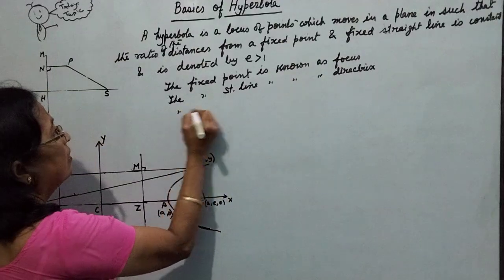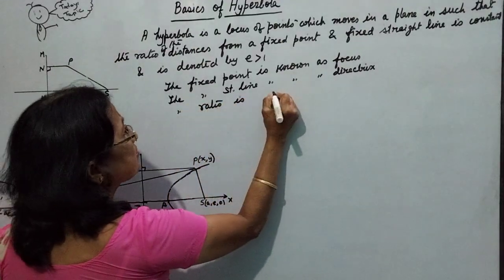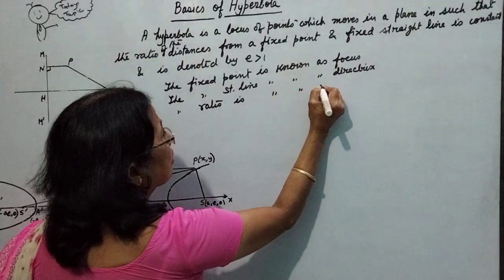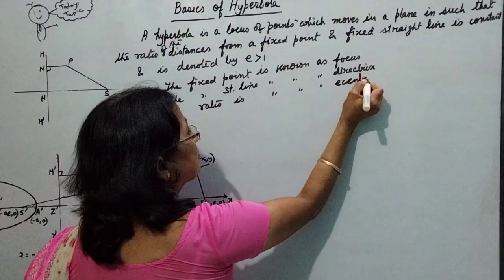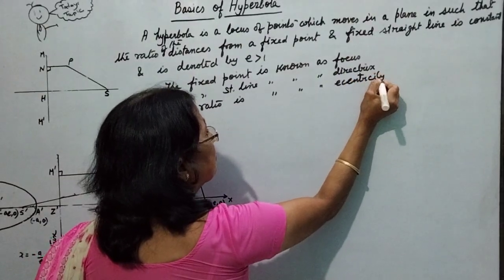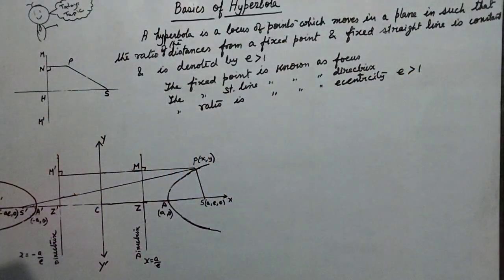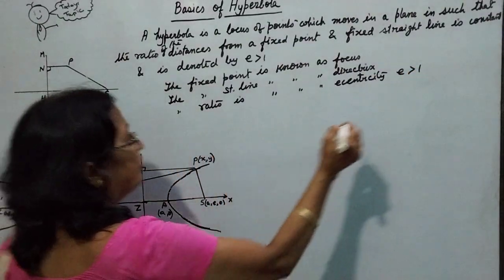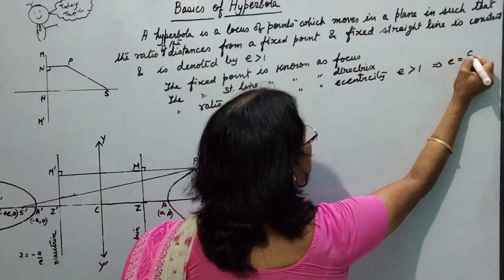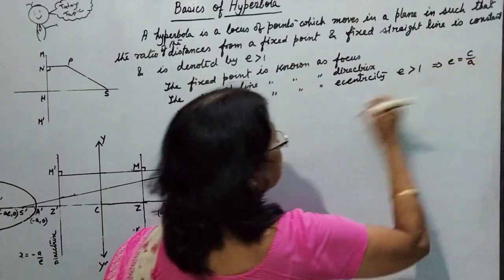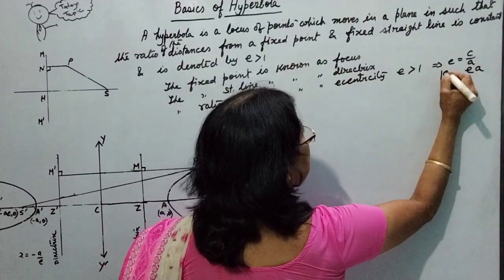And the constant ratio is known as eccentricity. So E is greater than 1. Here we say E is equal to C by A, so C is equal to E into A. This we'll need.